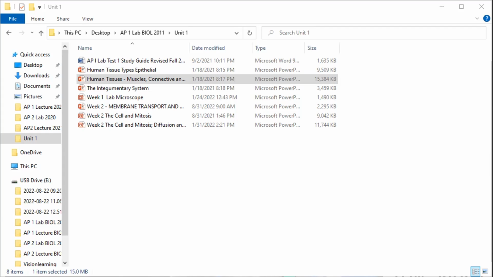Not much of a drop. So it dropped about a half a gram. Let's measure the salt water one.